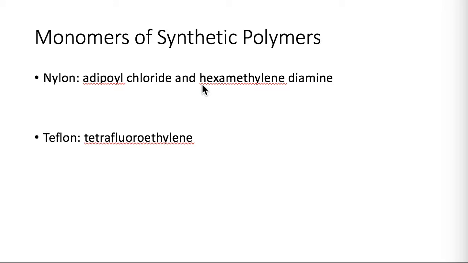And then you have Teflon, which is right here, and this is the monomer of Teflon, tetrafluoroethylene. Of course, it will be a synthetic polymer. So this is all that I have for you today. This is just an introduction, and throughout the week we will be discussing in more detail some examples of polymers.